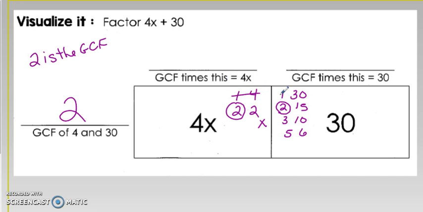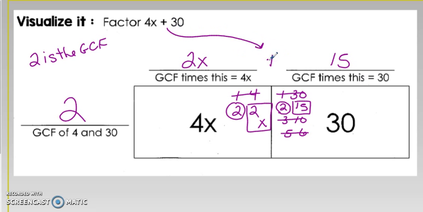And I don't need any of these other ones anymore because they didn't work. And what I have left inside the parentheses for this one would be 2x. And what's left over here is 15. The sign that is in between stays the same sign.